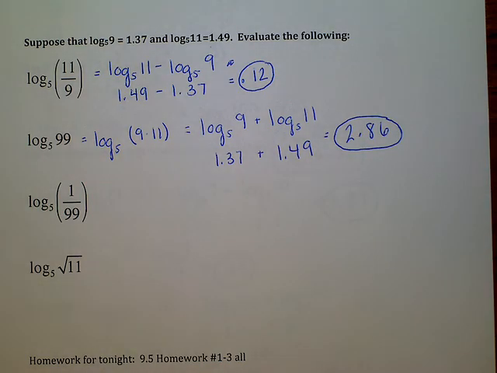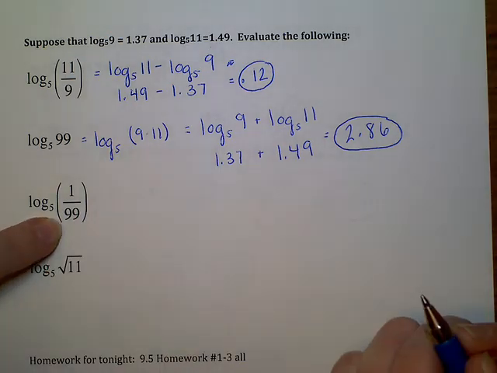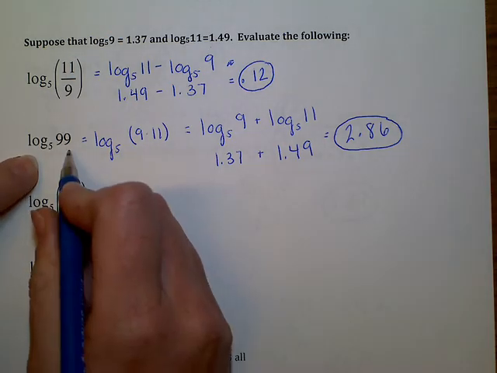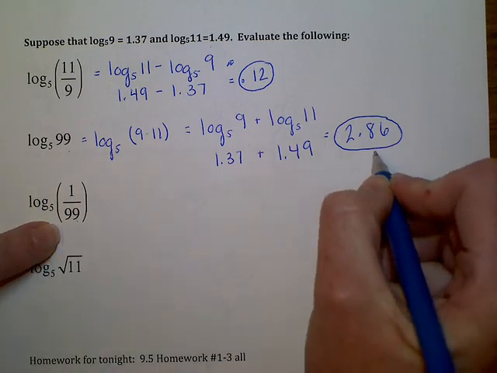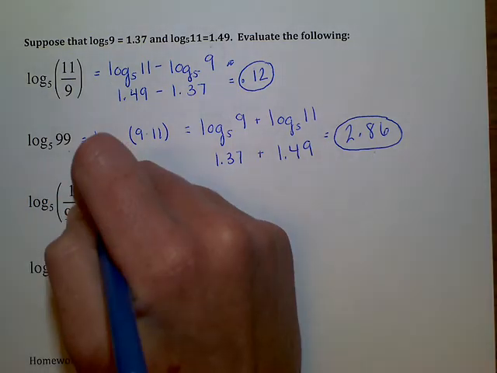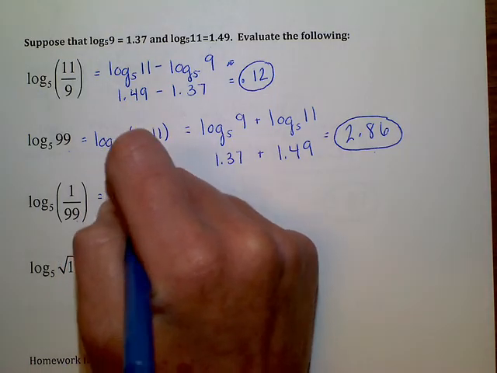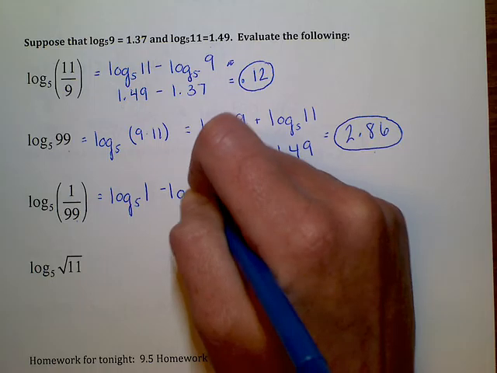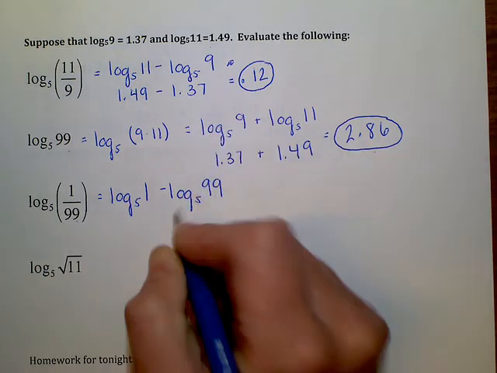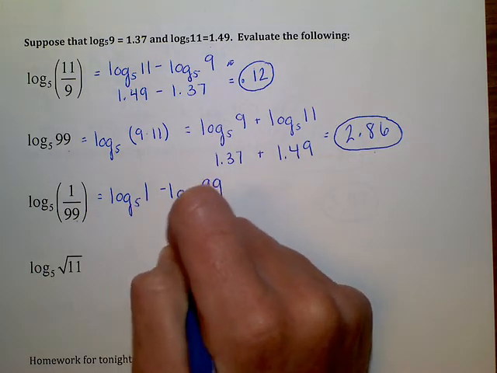All right. 1 over 99. Well, I actually just found the answer to log base 5 of 99. I could actually use that 2.86 if I want to. And I see that subtraction, so log base 5 of 1 minus log base 5 of 99. Well, I know that second one. I just answered it, 2.86.